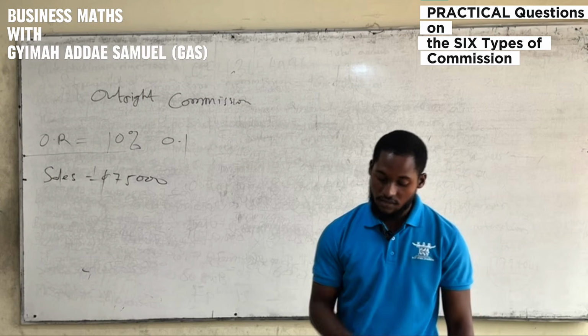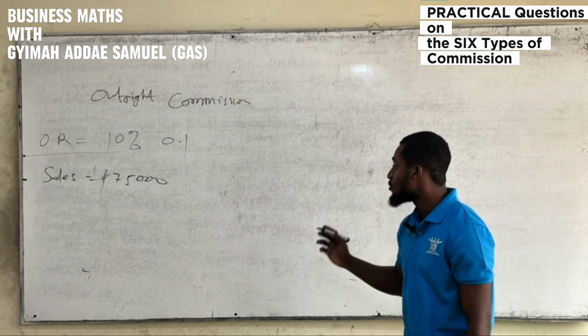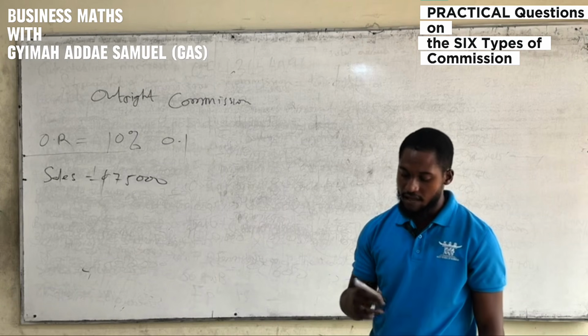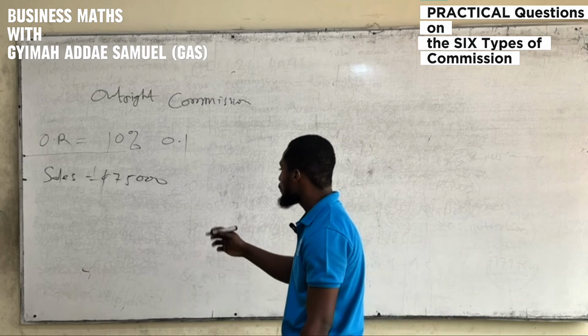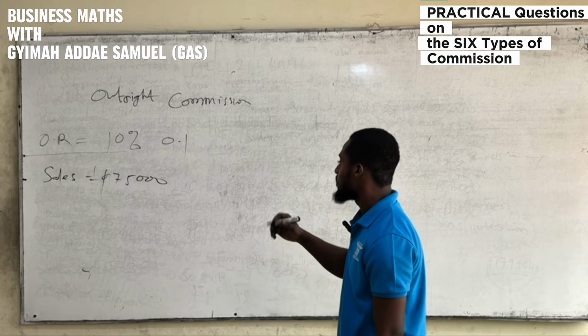So the outright commission is just going to be simple. As we all know, it is sales times rate. The outright sales here is 75,000 and the outright rate is 0.1.